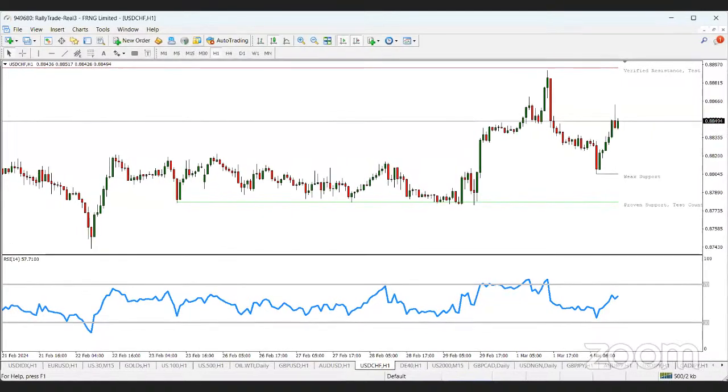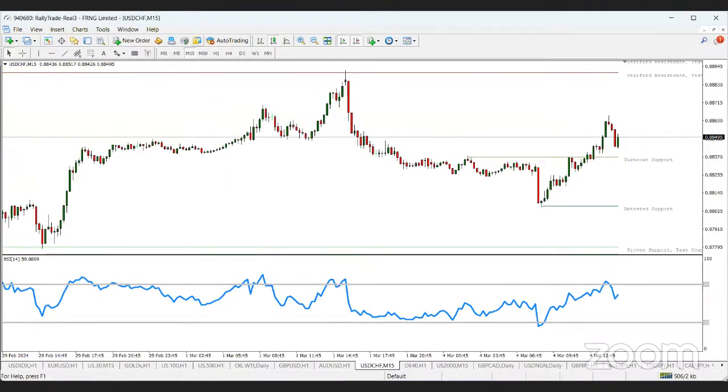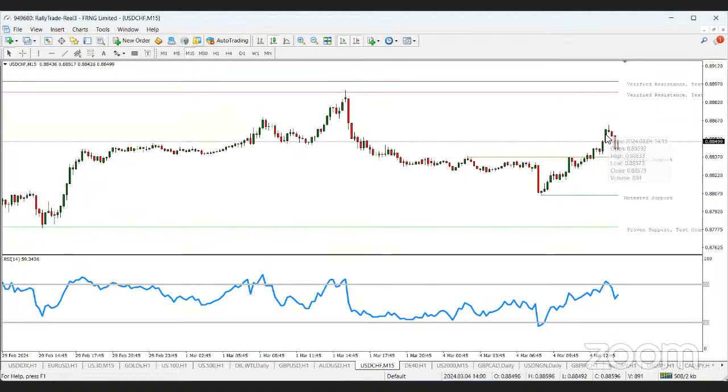Now, in terms of what we should do right now for USD CHF, if I was trading USD CHF right now, we can see 1, 2, 3 retracement, inverted hammer, confirmation is sell, but there is an uptrend which is very possible that USD CHF might be respecting.